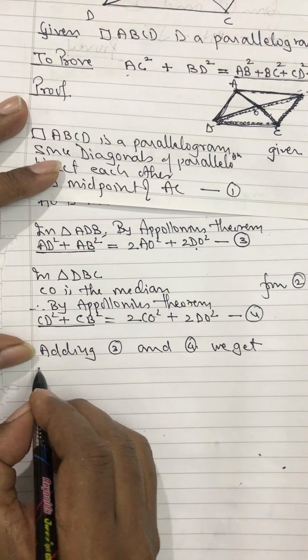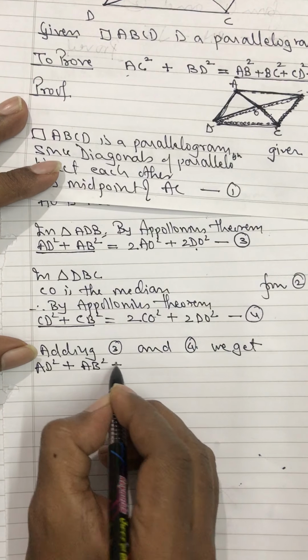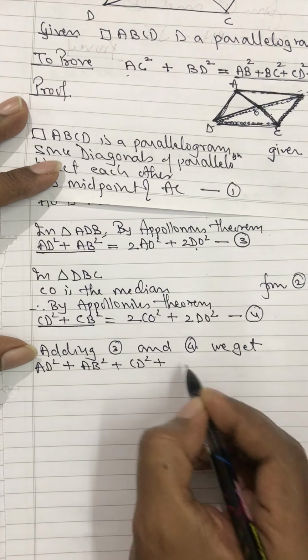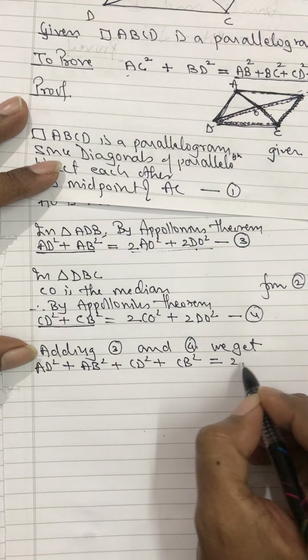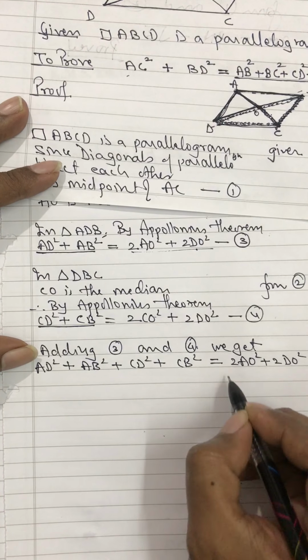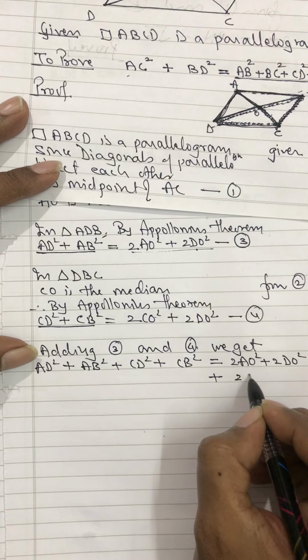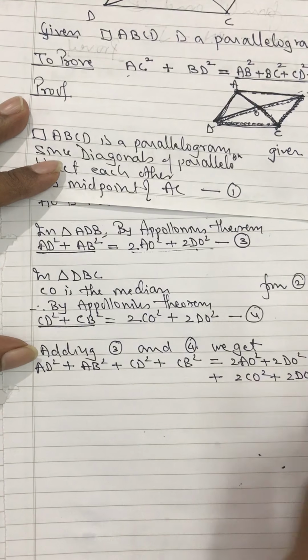So I am getting this AD square plus AB square plus CD square plus CB square is equal to this. I'll again add 2AO square plus 2DO square plus 2CO square plus 2DO square.